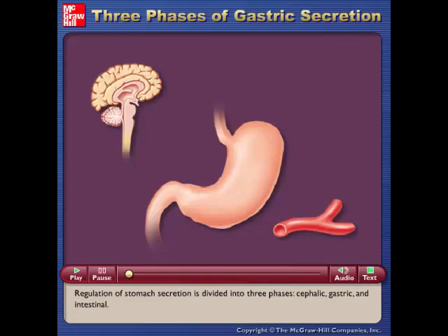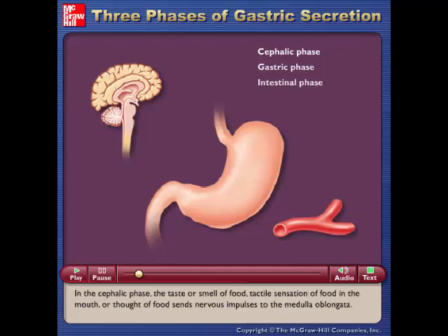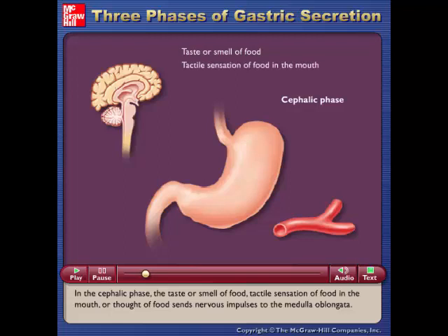Regulation of stomach secretion is divided into 3 phases: cephalic, gastric, and intestinal. In the cephalic phase, the taste or smell of food, tactile sensation of food in the mouth, or thought of food sends nervous impulses to the medulla oblongata.